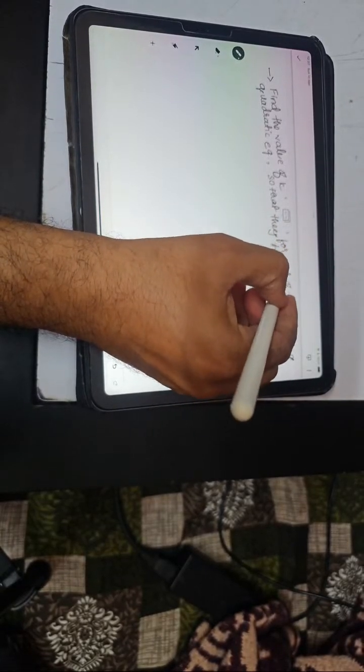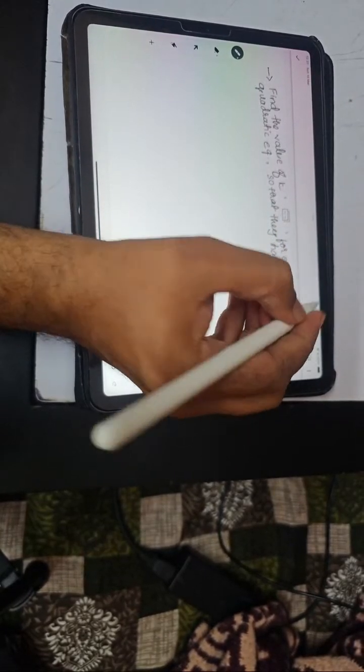Now equal solution means what should be there? What is the condition for equal solution? Yes, it is important. That's why only I am showing you, beta.